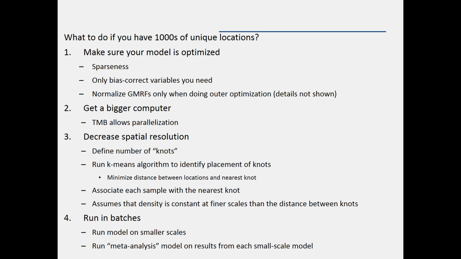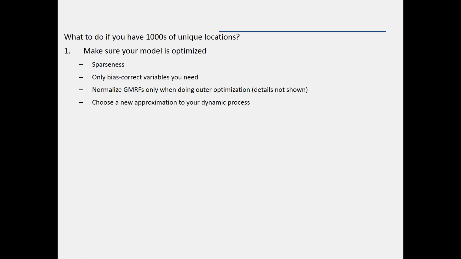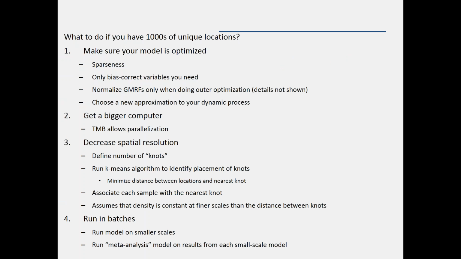So these are all kind of modeling techniques. I guess another one is to choose a new approximation to your dynamical process. So, you can always have a spatial model. For instance, we're doing all these spatial models where people used to use spherical or Gaussian correlation functions, and we're approximating it all as a Matern because that's more sparse.